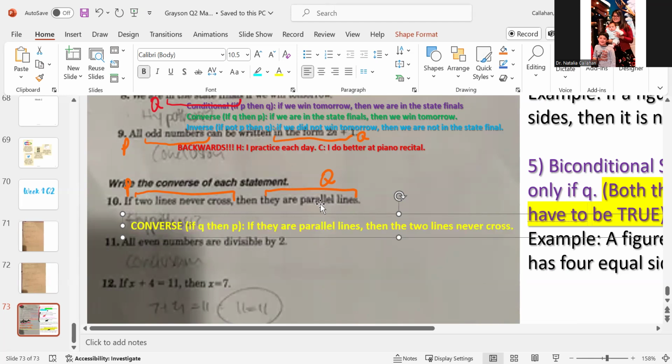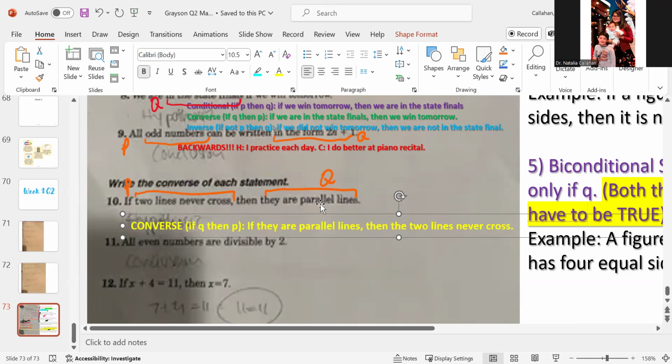If not P, then not Q. Right, now put those in sentences. What would that say? If the two lines cross, because it's not never now, so it's crossing, right? Then they are not parallel. Do you see how you have to flip it? It's a little bit confusing there.